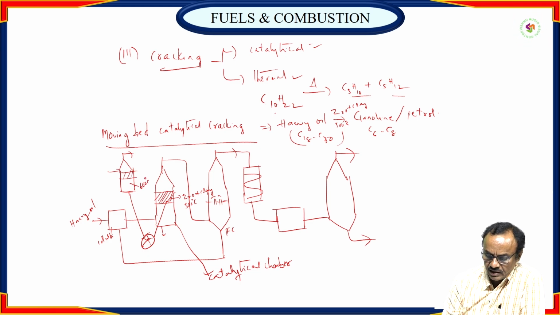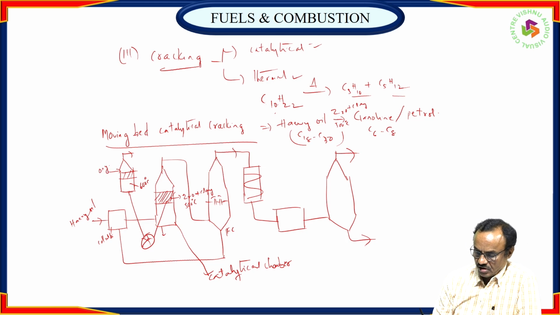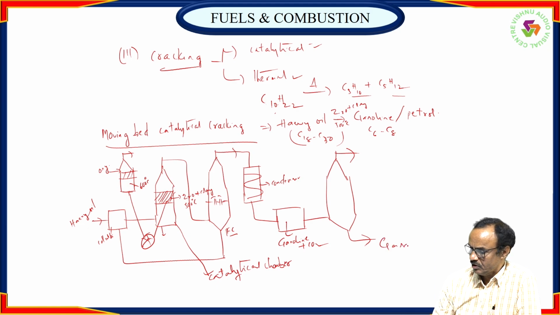We need to supply oxygen. So this is called condenser. This is called fractionating column. This is called condenser. Here we will get gasoline with impurity like CO2. Here you will get pure gasoline and CO2.